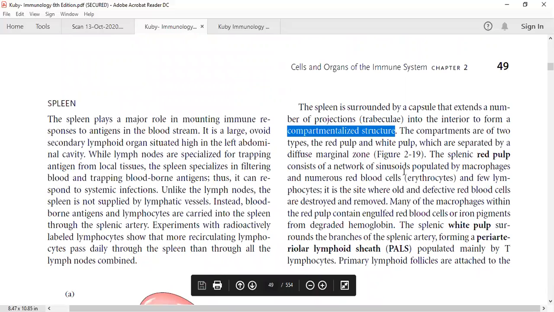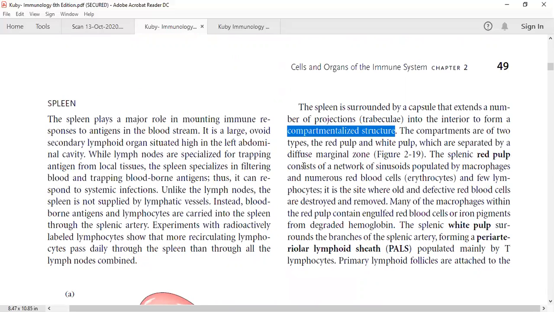Now, what is the function of red pulp and white pulp? The splenic red pulp consists of a network of sinusoids populated by macrophages and numerous red blood cells. Because there are a lot of red blood cells, erythrocytes, whose life span is almost complete, it is red in color. Therefore, it is called red pulp. And there are few lymphocytes, B, T and K cells. But majorly there are red blood cells, RBCs, and macrophages.